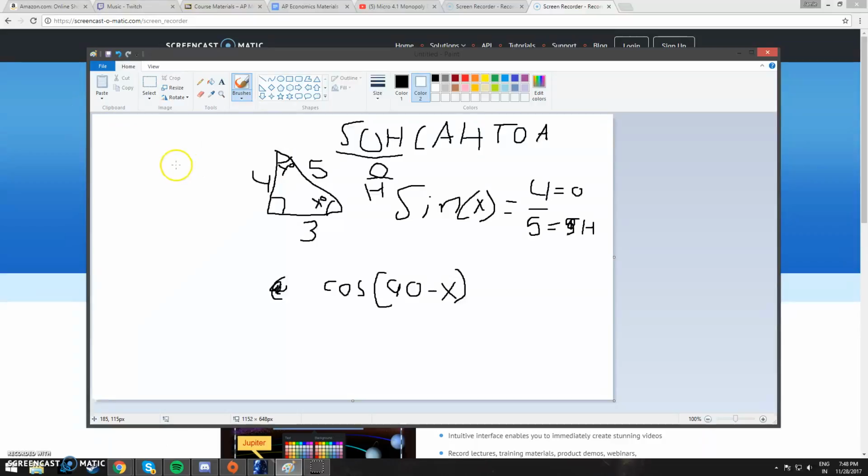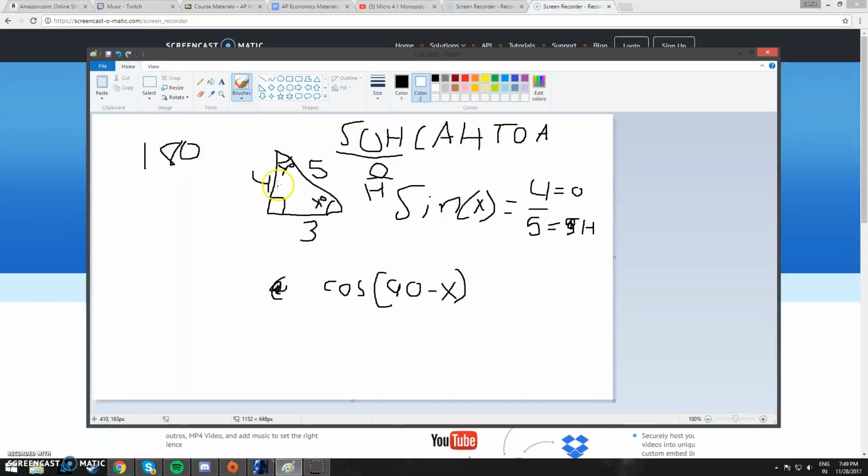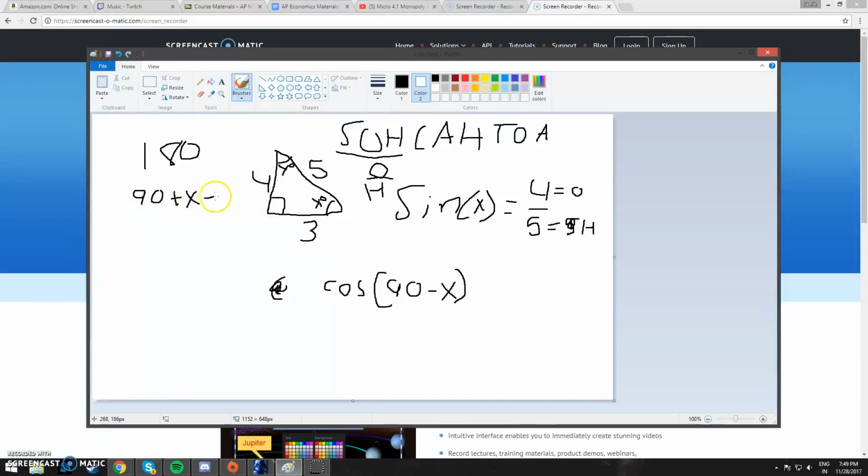The 3 angles in a triangle equal 180. So if this is 90, that's x, and that's y, that's going to equal 180.